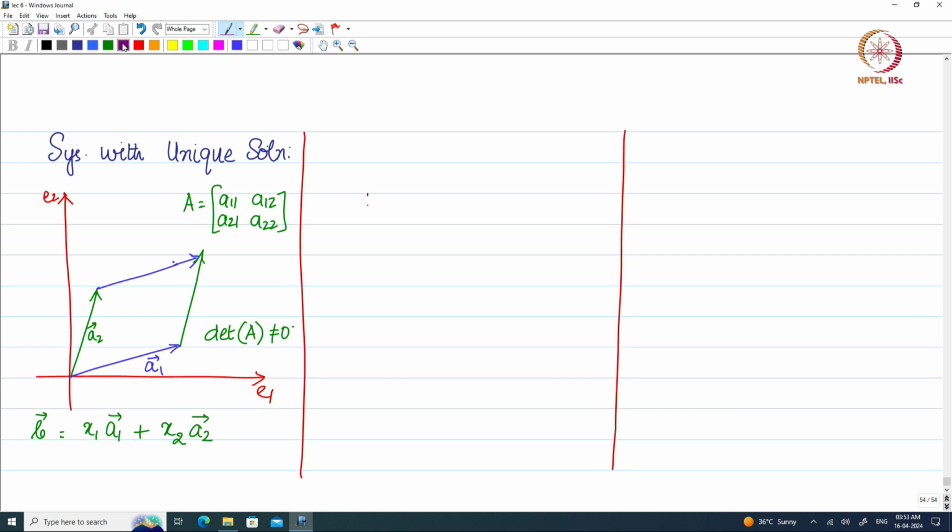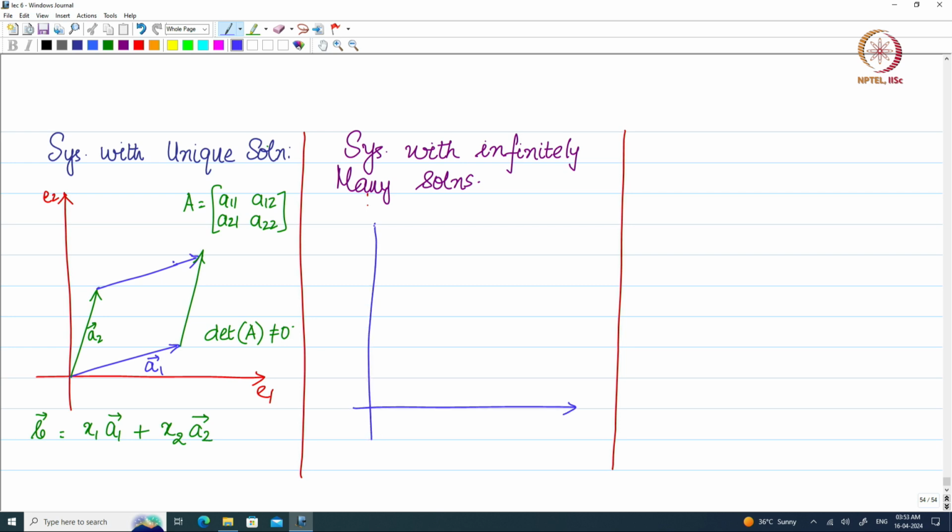Now, what about a system with infinitely many solutions? How does that look like? We have already seen that. A system with infinitely many solutions will basically look this way. You have your axes, namely E1 and E2.